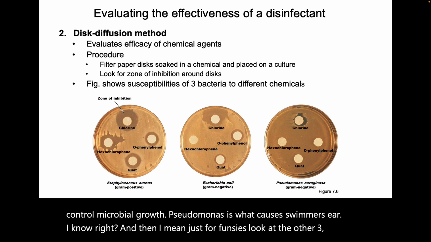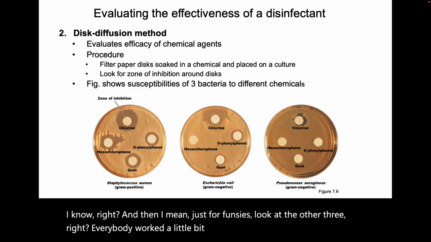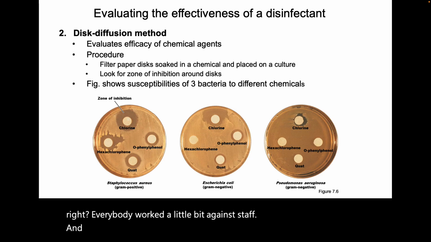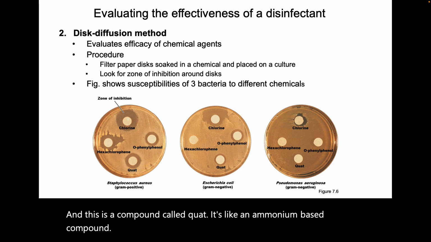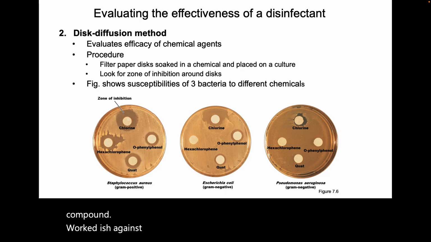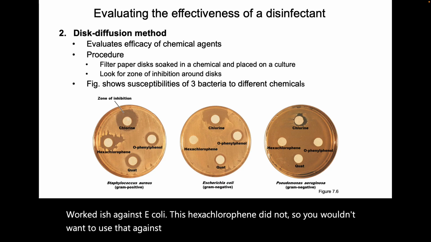Everybody worked a little bit against staph. The phenylphenol, and this is a compound called quat, it's like an ammonium-based compound, worked-ish against E. coli. This hexachlorophene did not, so you wouldn't want to use that against gram-negatives. And then nothing else worked against Pseudomonas.